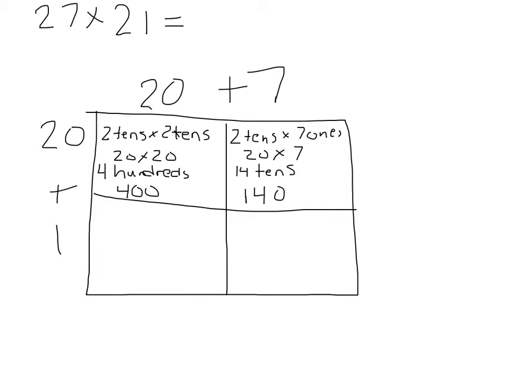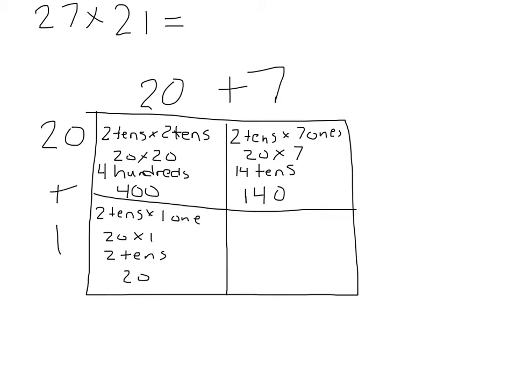The next box I'm going to multiply is 2 tens times 1 one, or 20 times 1. And so that's still going to be 2 tens, or 20.